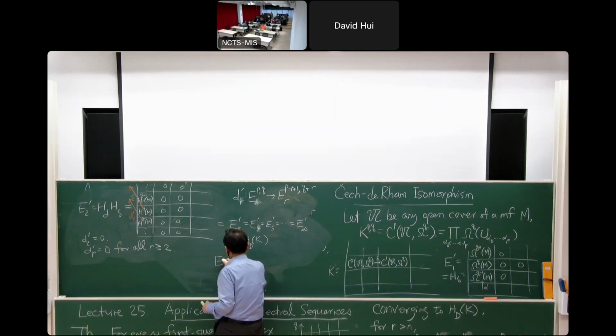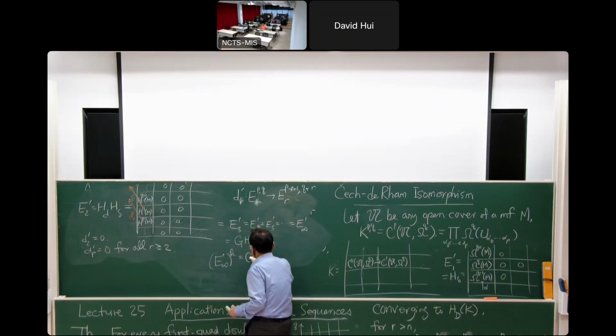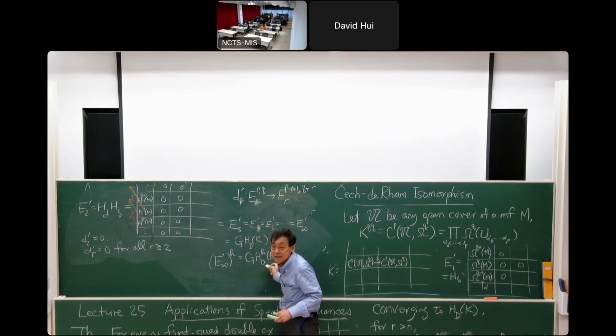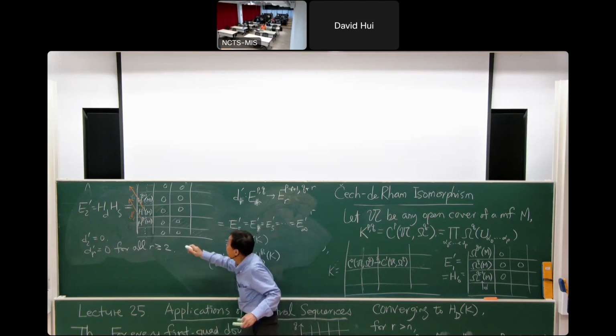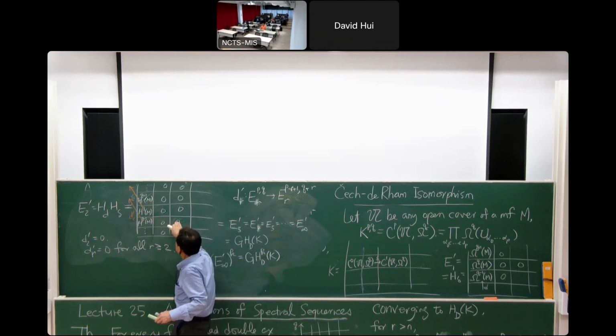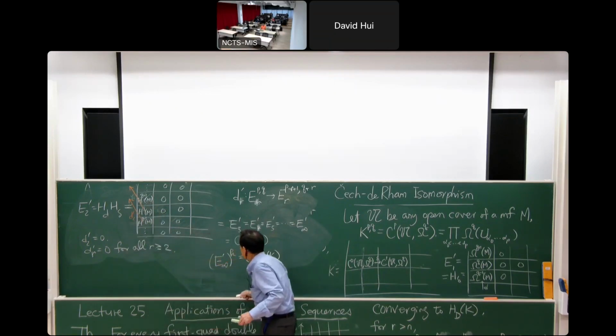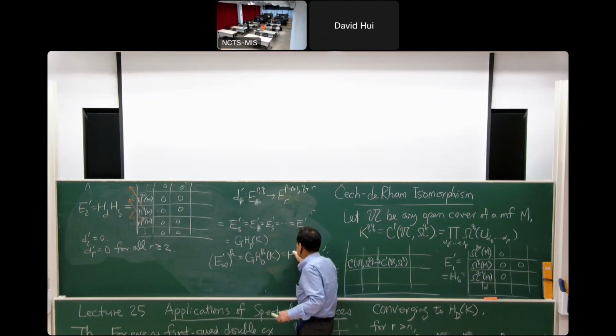So E prime infinity in degree K is the associated graded complex in degree K of the cohomology. But the associated graded complex is the direct sum of these boxes. You've got only one non-zero term, so it is HK of M.